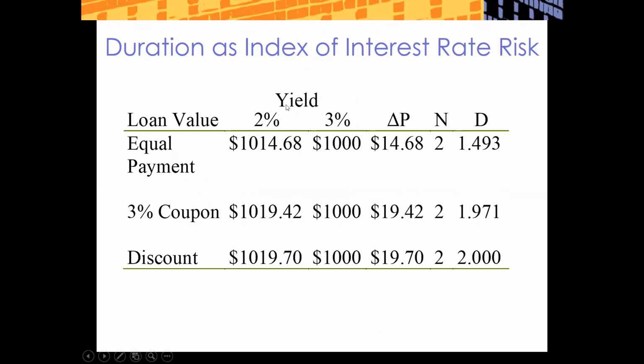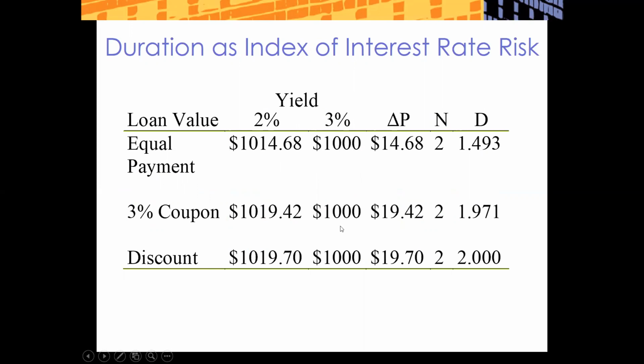So these are how it looks. So equal payments. And this is the value actually. If the interest rate was 3%, the value of this loan is $1,000 in all 3 types of loans, you can see it.